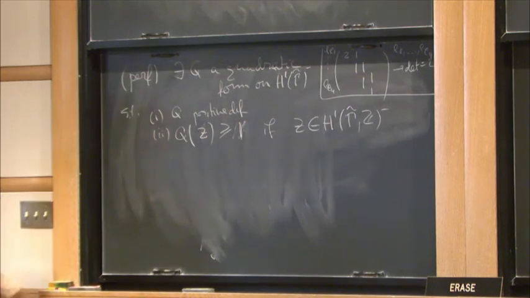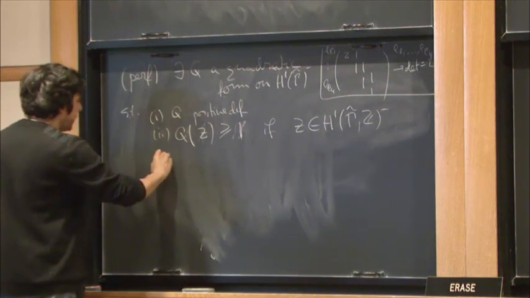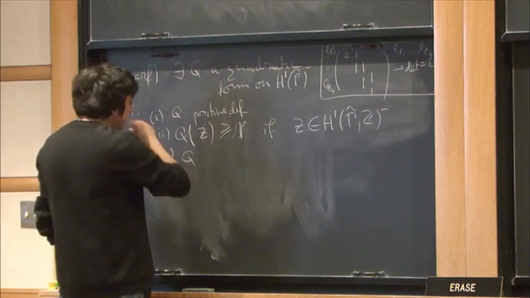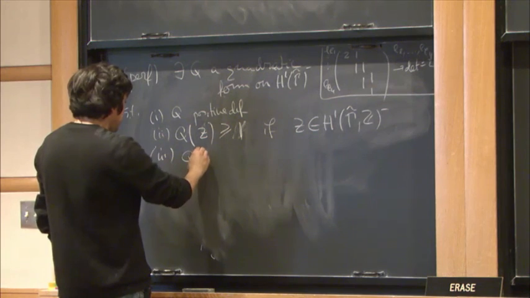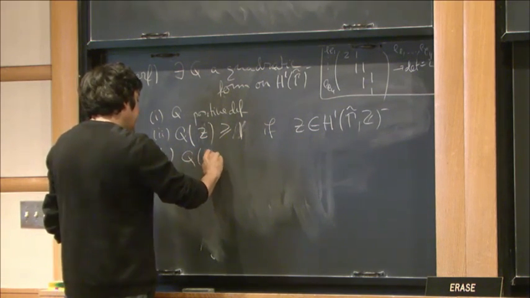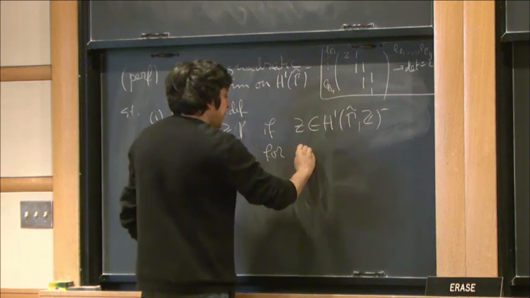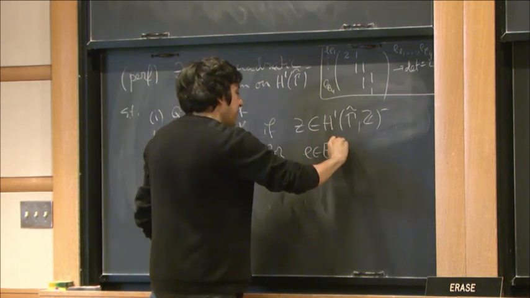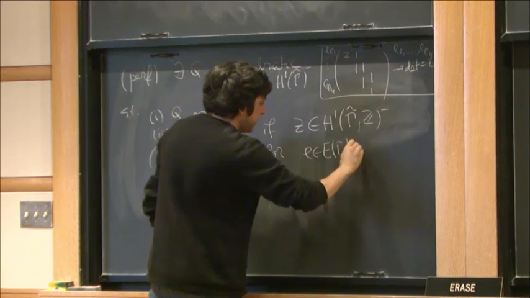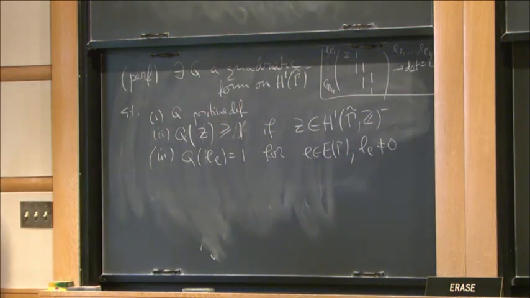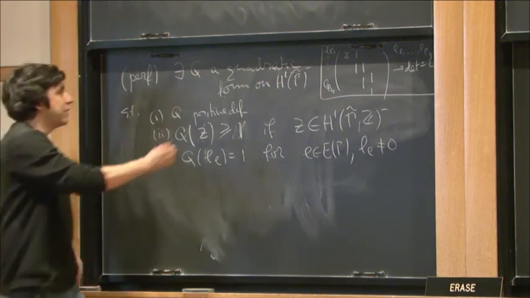So for the integral elements, you take at least value 1. And finally, the last one is Q of L of E is 1 for E belonging to the edges of gamma with L of E different from 0. Yeah, so this is a real quadratic form.